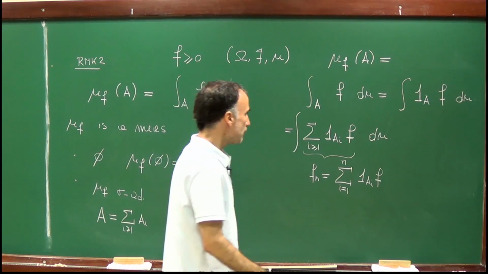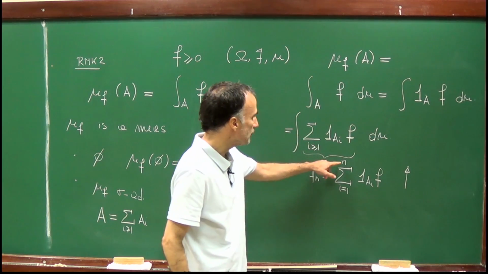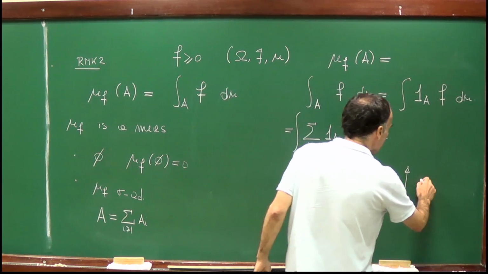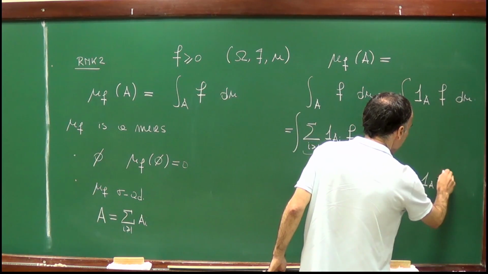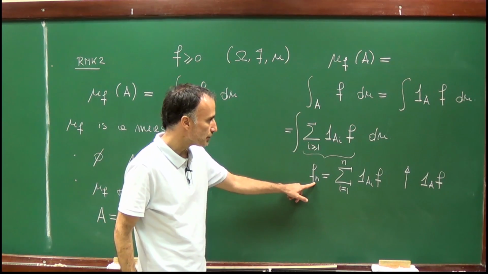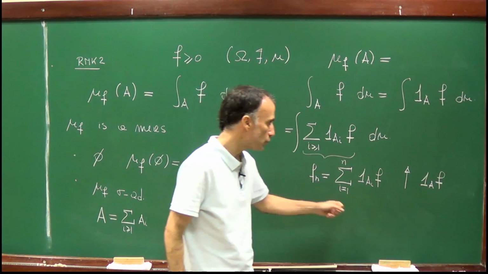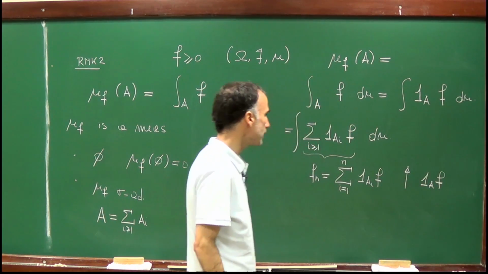So this sequence f_n is clearly converging to the infinite sum, which is the indicator of A times f. So we have here a sequence f_n of measurable, non-negative functions, which are increasing to 1_A f.